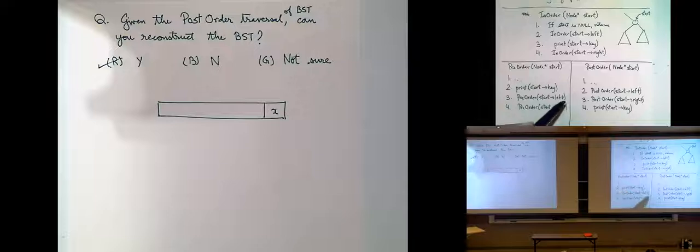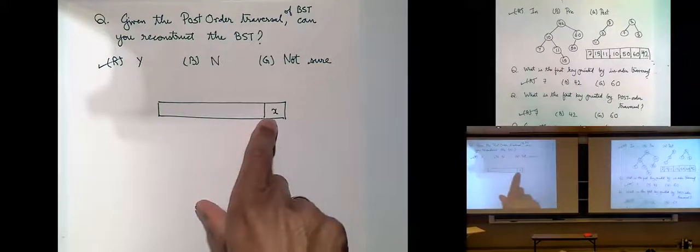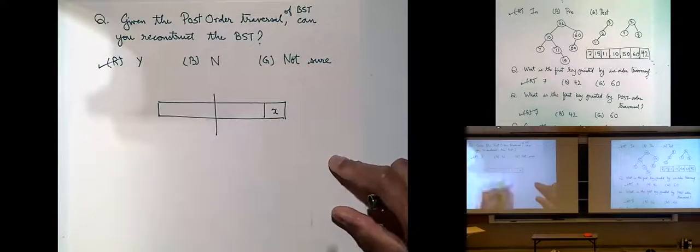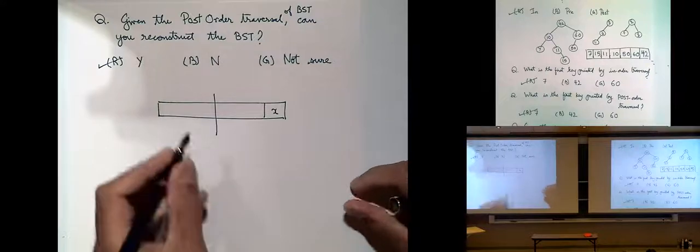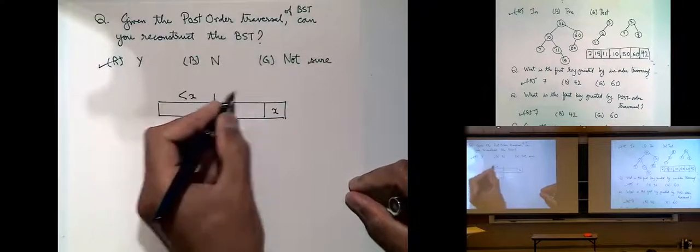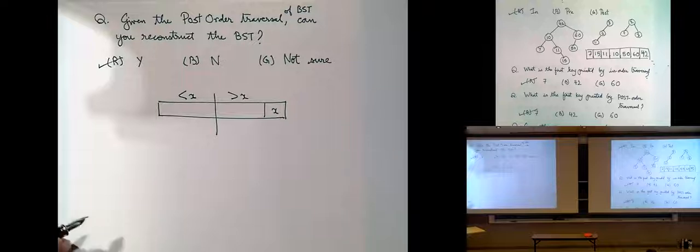The left is always printed before the right. And all the keys to the left are smaller, and all the keys to the right are larger. So if you look at what this is going to look like, there are going to be a bunch of keys here that are less than x and a bunch of keys here that are larger than x.